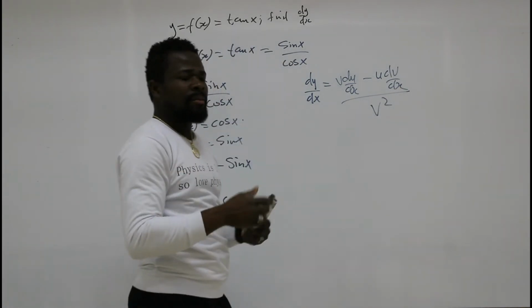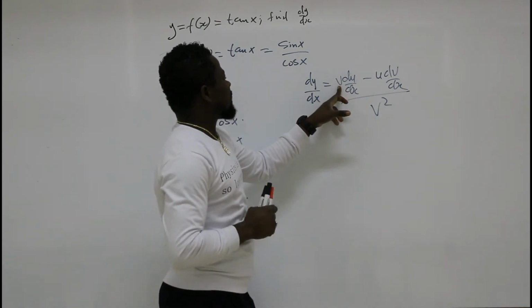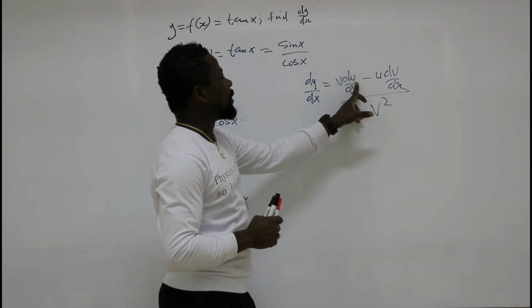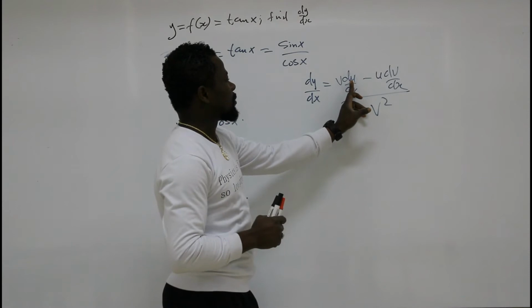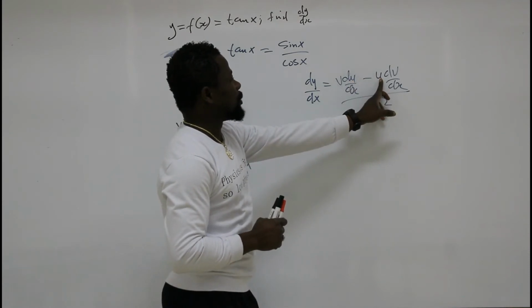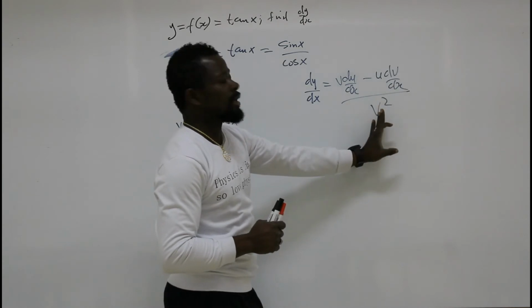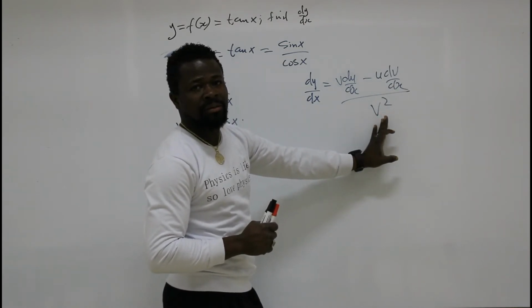It means that I take the v function and multiply it by the derivative of the u function, and then I take u and multiply it by the derivative of the v function. Then I divide all by the square of the v function.